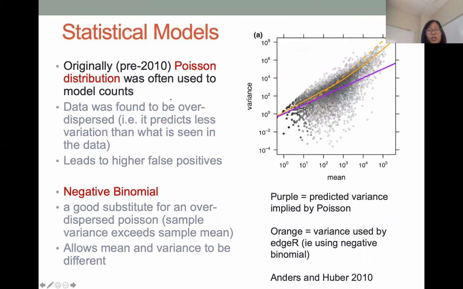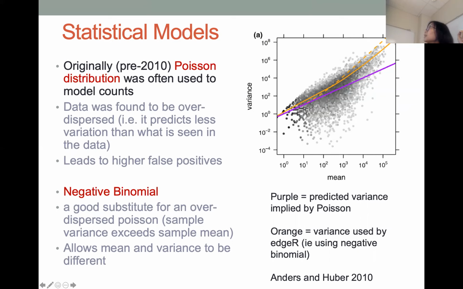Originally, people used the Poisson distribution as the assumption for count data, but they found the problem is that it predicts less variation than what we see in the data, which could lead to higher false positives. Then people came up with the negative binomial distribution, which is a better fit for this kind of RNA count data.